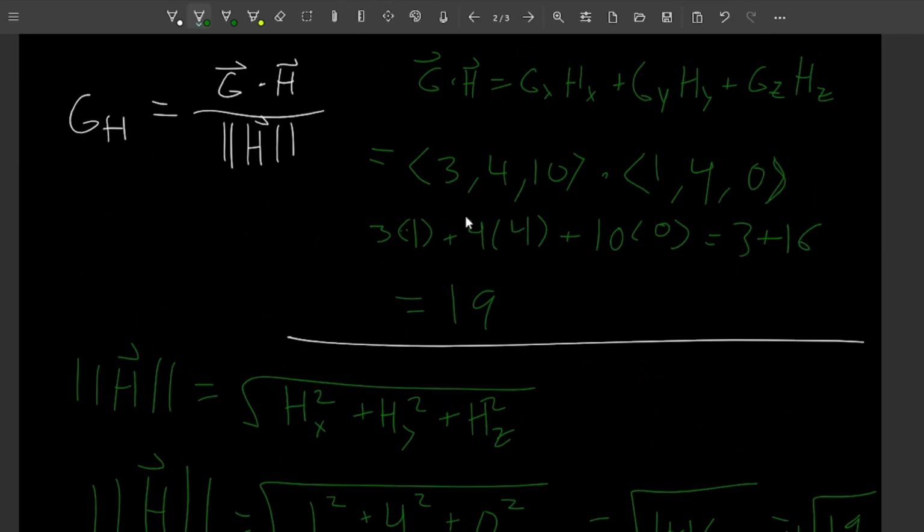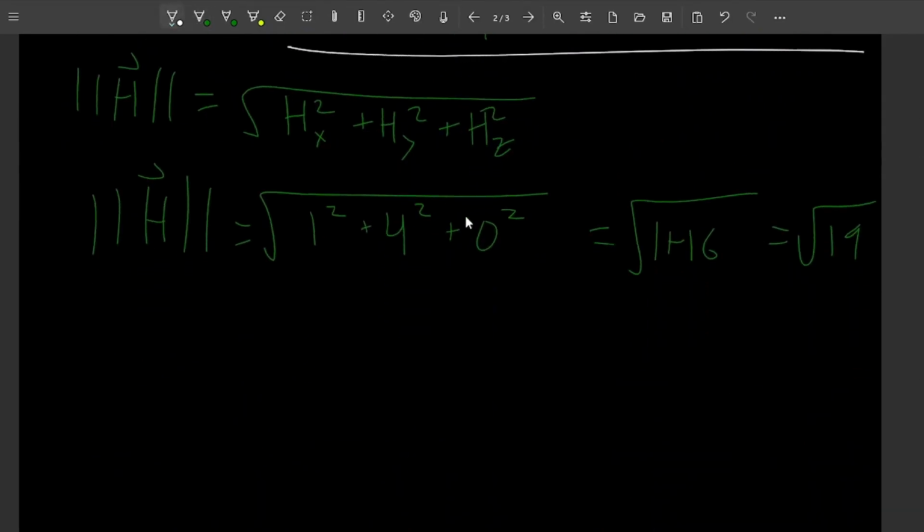Now, putting it all together with this equation, we end up with g of h is equal to 19 over root 17. Now, don't forget units.